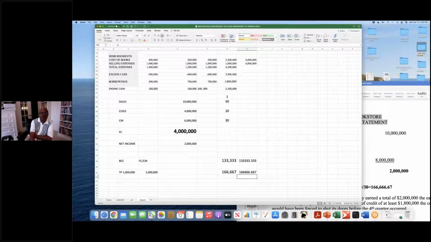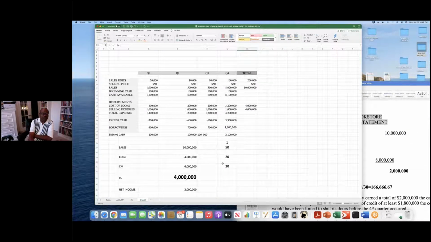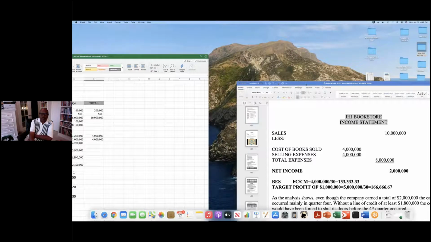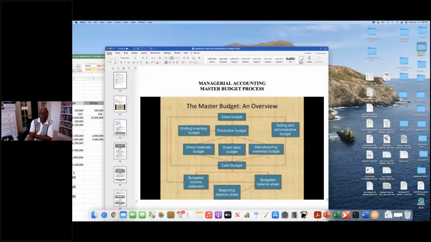Okay. So if we had a small retail business, this is all we'd have to do. But if we have a manufacturing company, it's a little more involved.